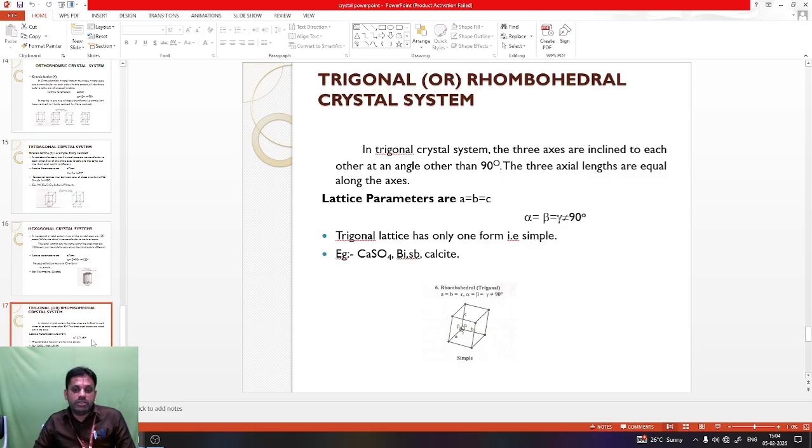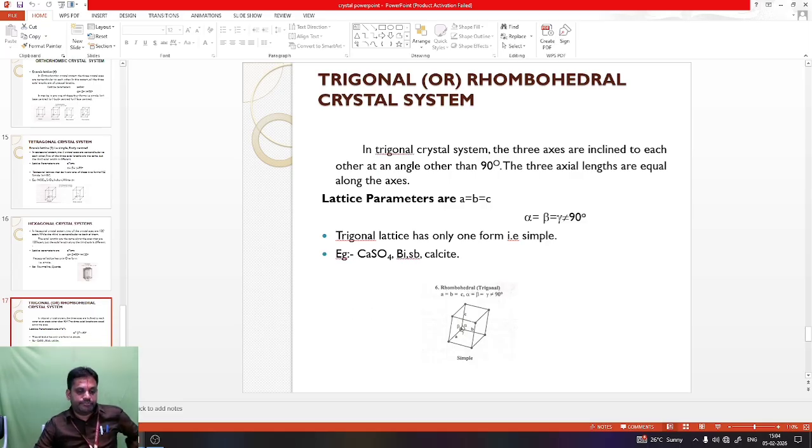Definitely it is a cubical system. But for alpha, beta, gamma, only alpha and beta are equal to 90 degrees and gamma is not equal to 90 degrees. So calcium sulfate, bismuth, antimony, calcite, these are all examples of the trigonal or rhombohedral crystal system.